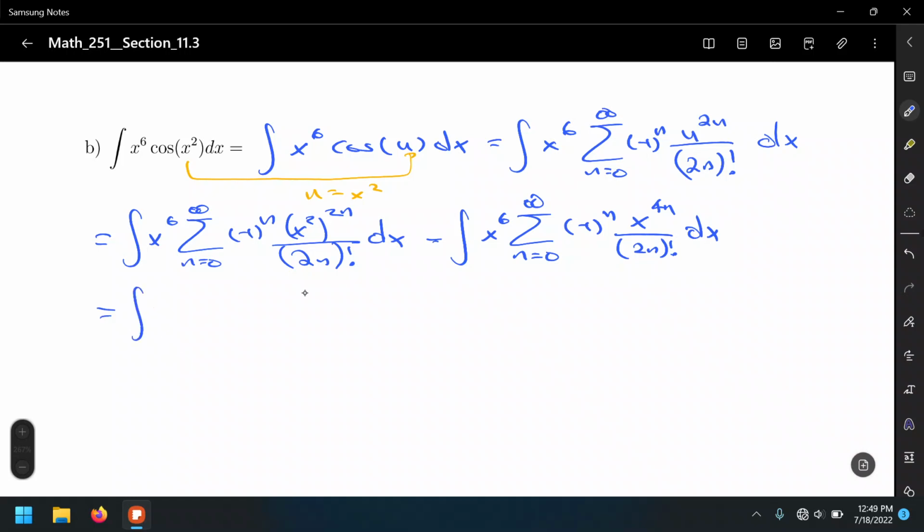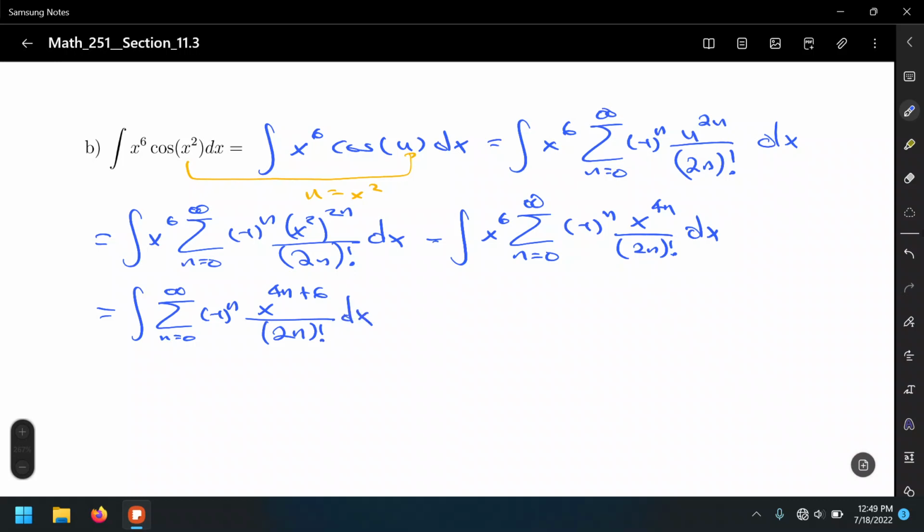Well, now we may be able to introduce the powers of x. So x to the 4n plus 6, because same base, which is x, add the exponents. And that's negative 1 to the n, x to the 4n plus 6 over 2n factorial, with respect to x.